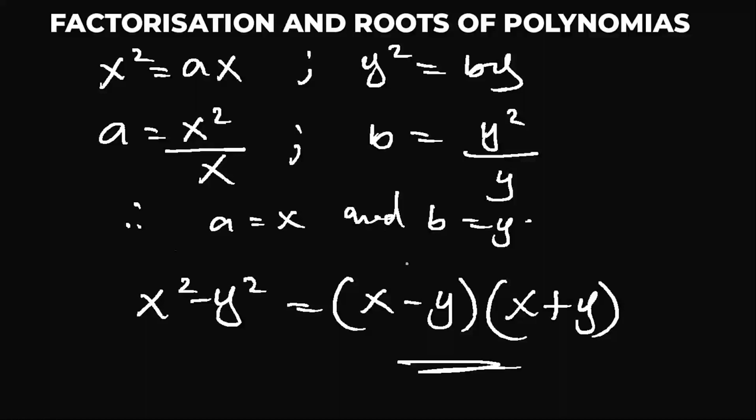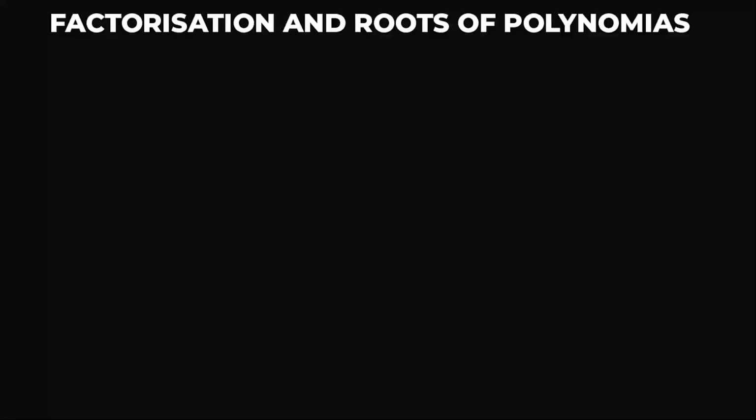If you are looking for 3 factors, you might not be able to use the factor theorem easily to get all 3 factors. That's the reason why we have the second method, what we refer to as the factor theorem and division techniques. So let's look at an example on it.